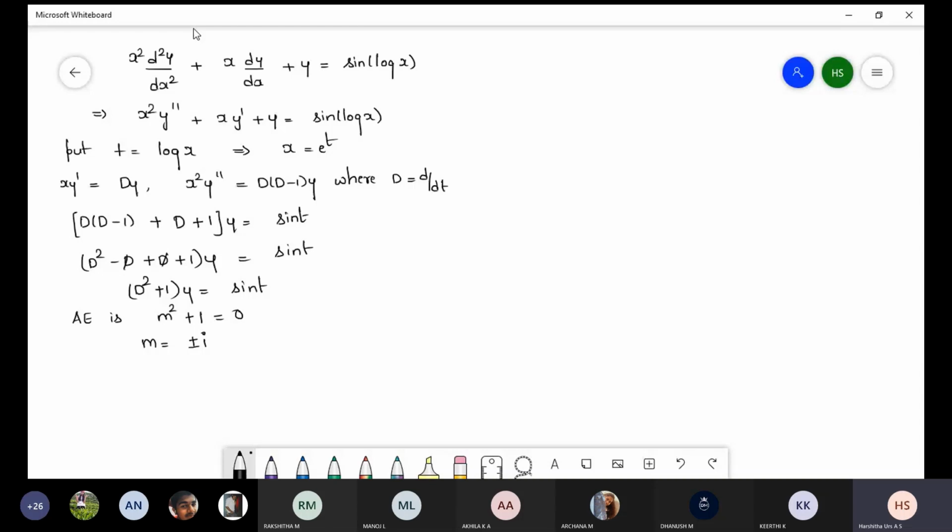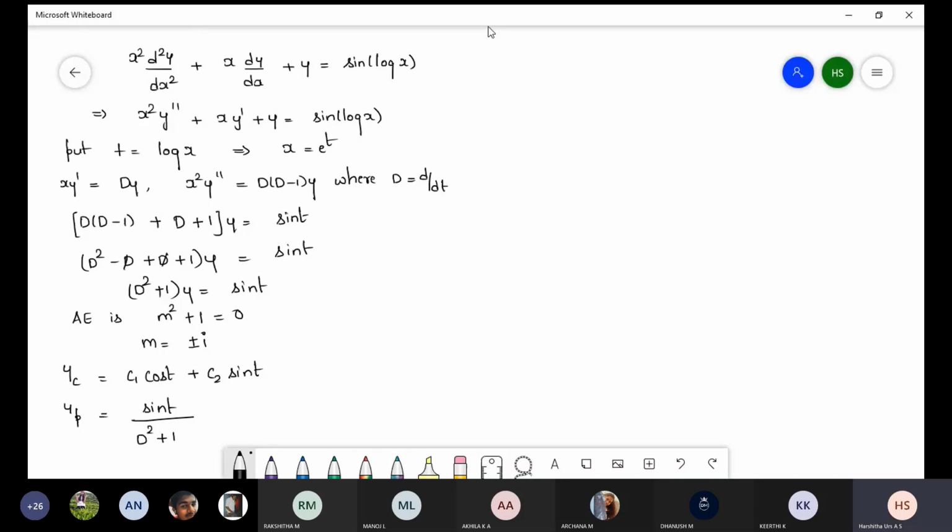This comes under case 3, that is complex roots. So yc is equal to c1 cos t plus c2 sin t. Now yp is sin t divided by d square plus 1.